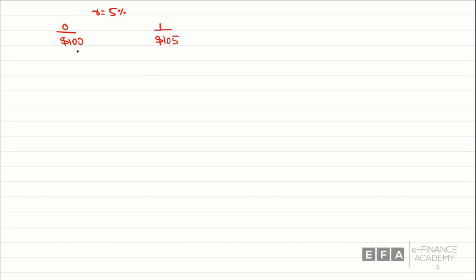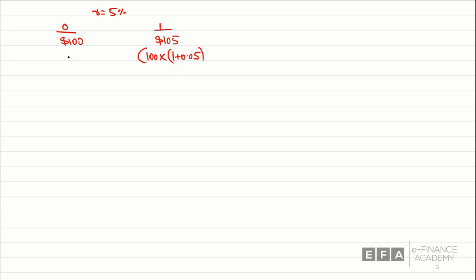The way we could quickly calculate this is, one way is you take the 5% of 100. 5% of 100 is $5. And you add $5 to 100, and that becomes 105. Or alternatively, we could say 100 into 1 plus 0.05. Where did the 1 come from? 1 is our base investment.